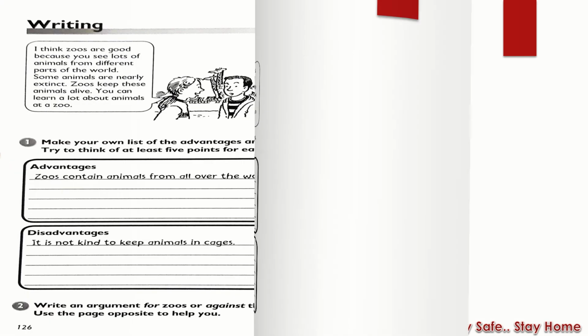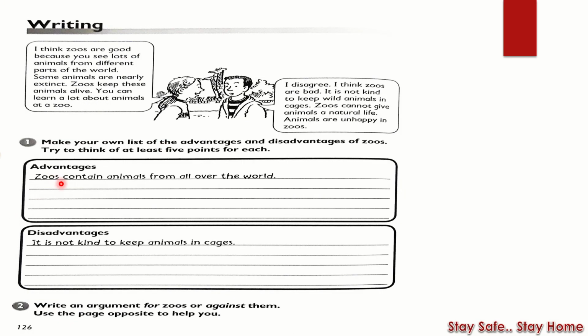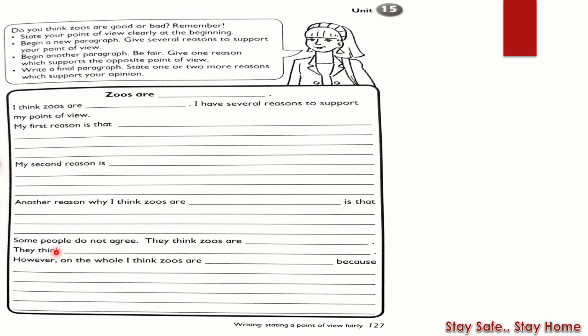If they are good, you get your first reason from the advantages. If you say that they are bad, you get your reasons from the disadvantages. My second reason is another reason why I think zoos are good is that, and you continue. So if you think they are good, you use one advantage here, and another advantage here.